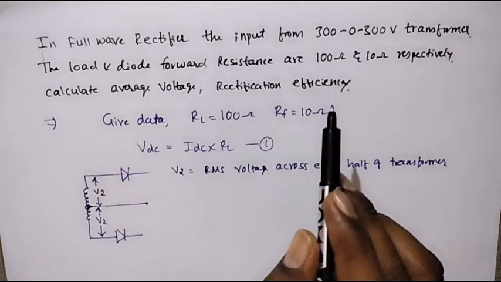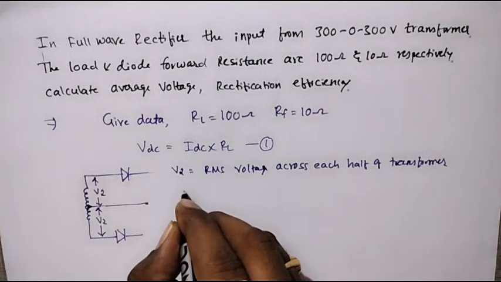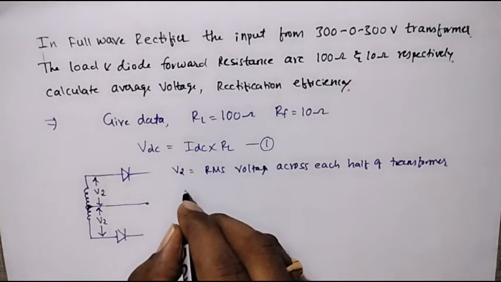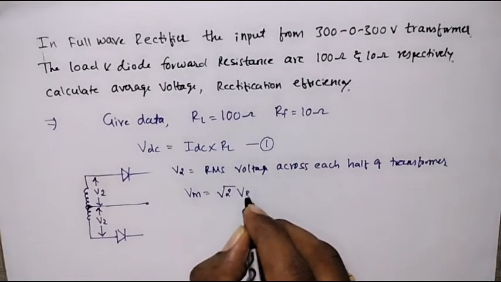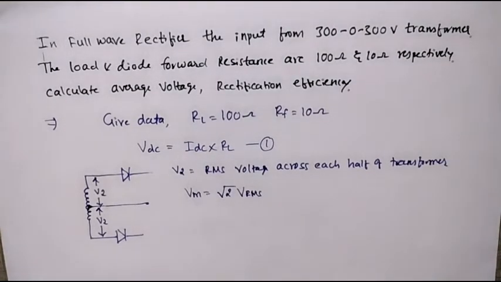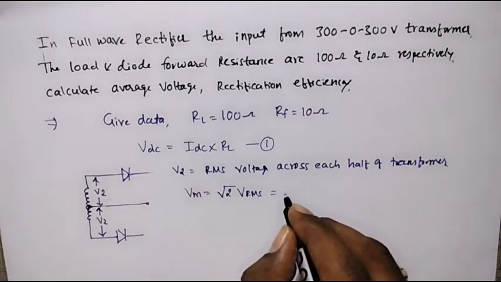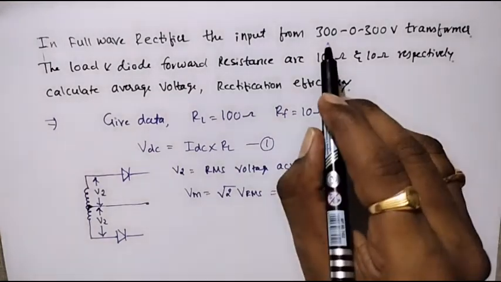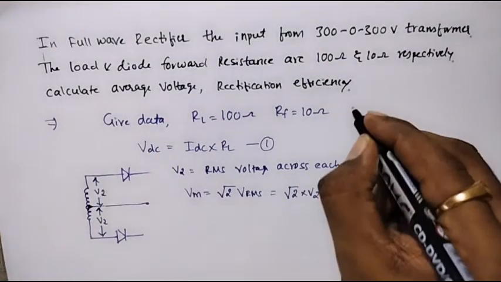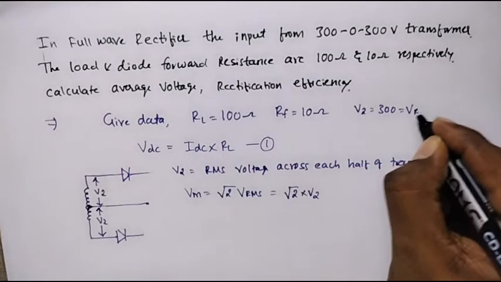With the help of the RMS value, we are supposed to calculate Vm. We know the relationship between Vm and Vrms: Vm is equal to root 2 Vrms. Here Vrms is nothing but V2, so Vm is root 2 into V2, where V2 is equal to 300, which is Vrms.